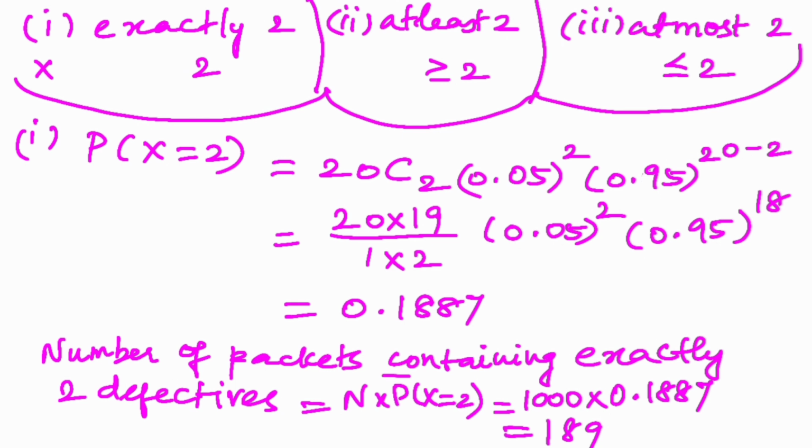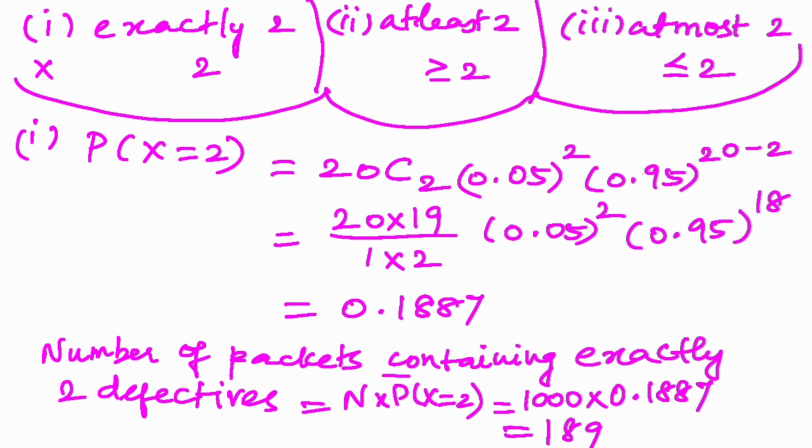First, we take the probability of X equal to 2, the exactly 2 defective case. Using the probability mass function, we write 20 instead of n and 2 instead of r. So 20C2 0.05 power 2 and 0.95 power 20 minus 2. Simplifying, the answer is 0.1887.